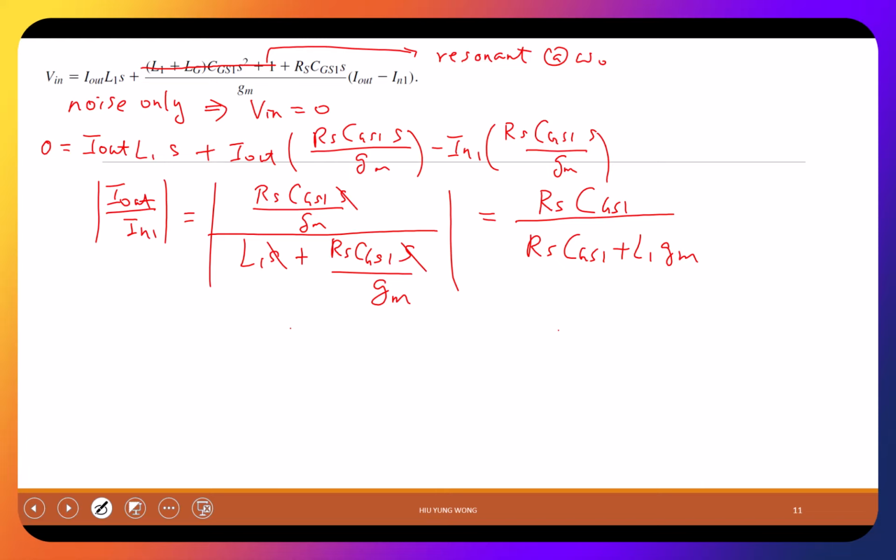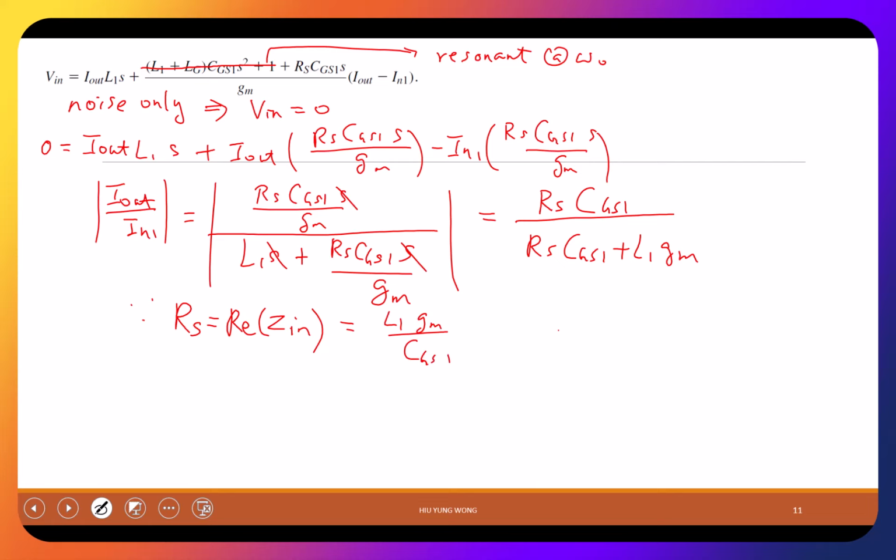Okay? But we know that, remember how we do this RS? If you remember, the RS, which is the real part of the input, we match it already, equals to what? L1 times GM divided by CGS1.